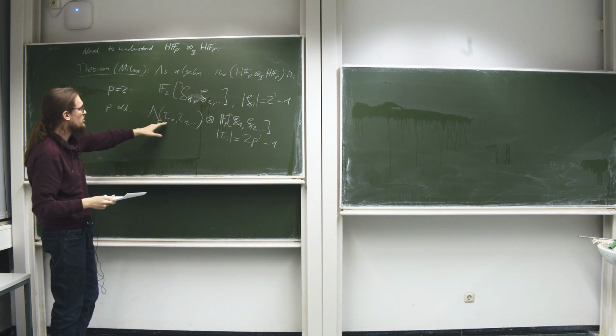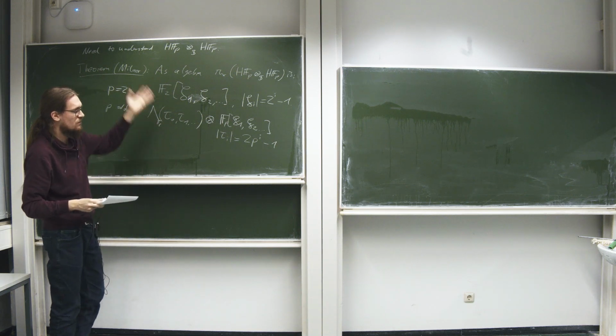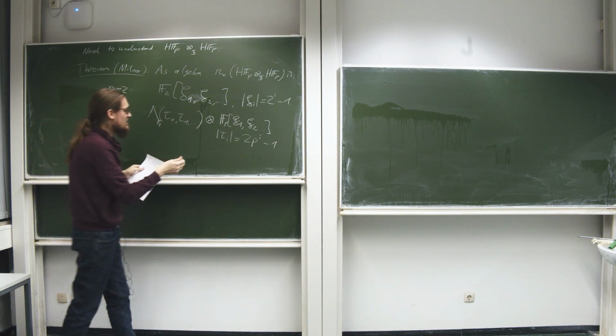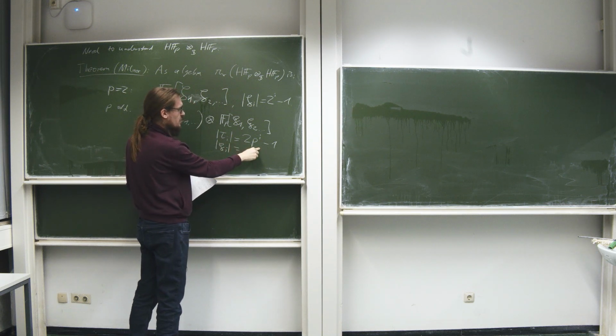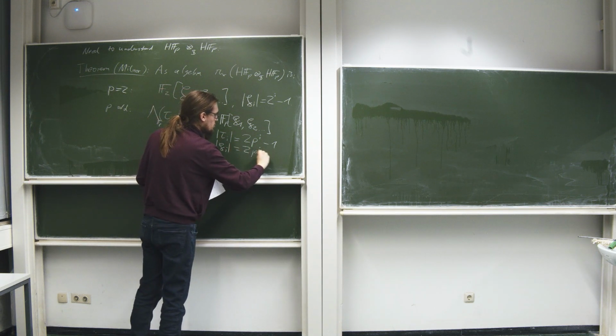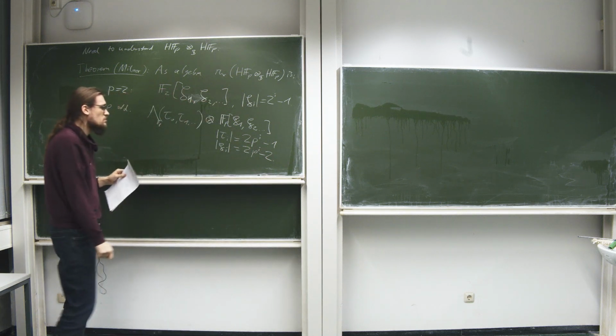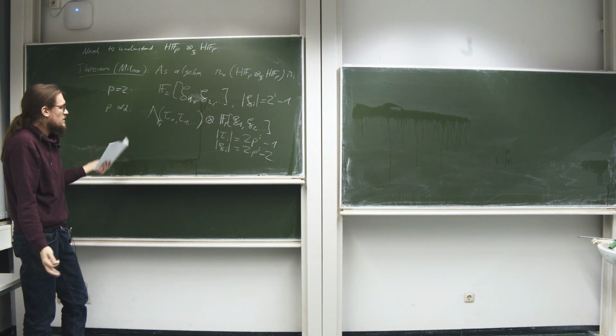So tau 0 is in degree 1, and then they go up exponentially. And the xi's are 1 degree smaller, 2p to the i minus 2.